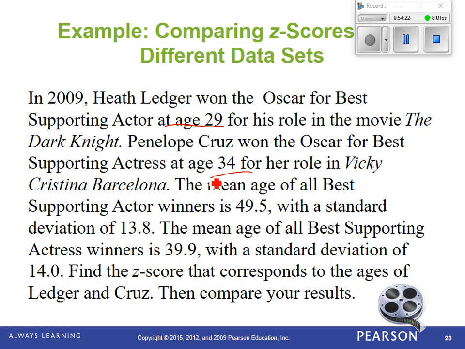Instead of using the mean and then subtracting or adding numbers like 13.8 all the time, when we change to z-scores, this is what's going to happen. The mean is always going to be 0. Then our numbers here are just going to be 1, 2, 3, and what's on the other side?